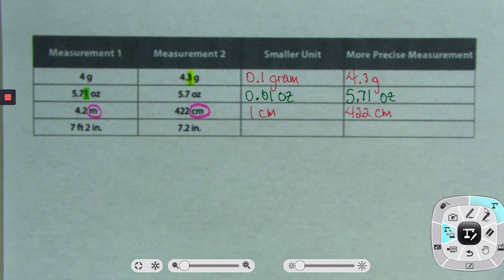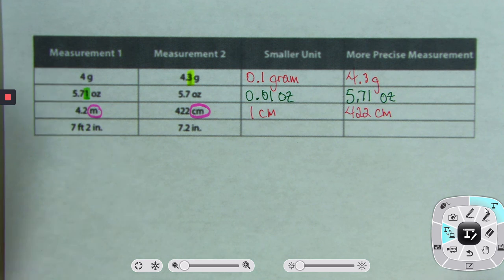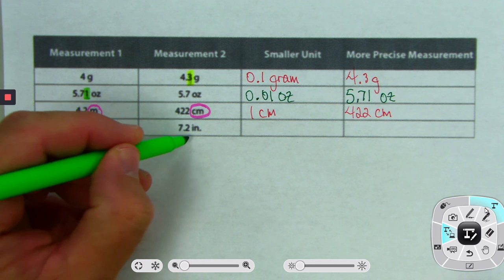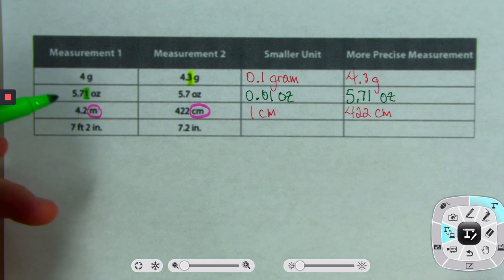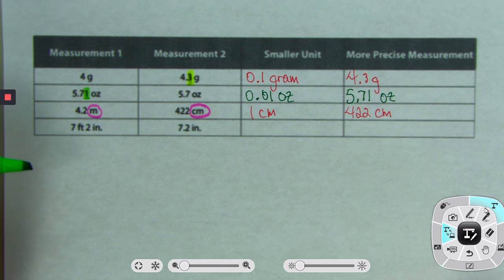It brings us to the last one. The first measurement was 7 feet 2 inches. The second measurement was 7 2/10 inch. Well, they both contain inches.